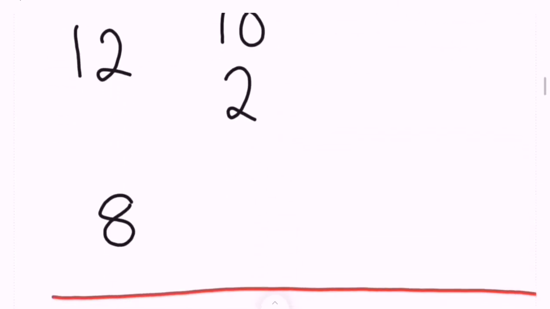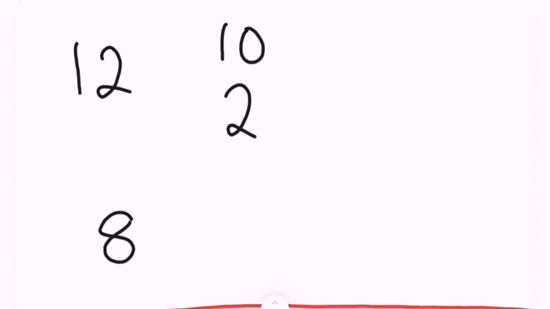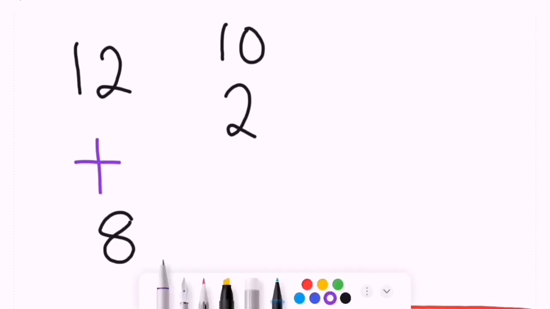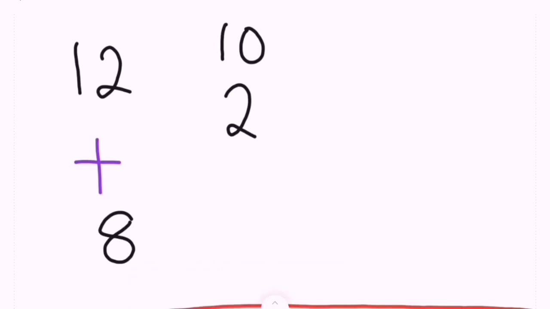For example, I have this two-digit number 12, and I'm asked to add it with this one-digit number 8. So the trick we are going to employ here is that we are going to divide this two-digit number into 10 and 2. Why? Because we know how easily and quickly we can do addition of numbers that end in 0, and also we know how to do those that have a single digit.